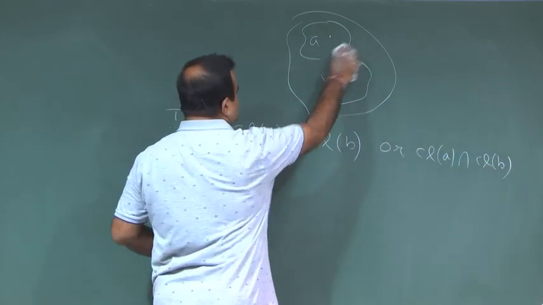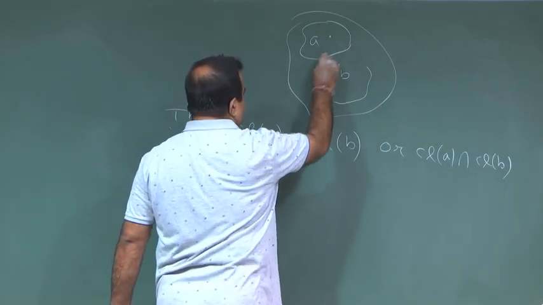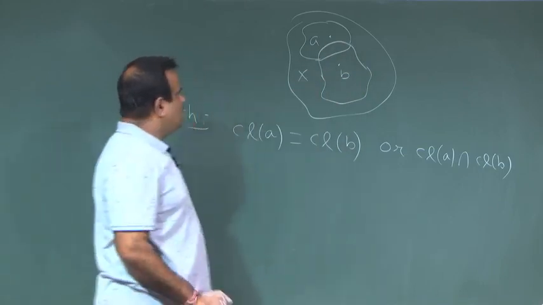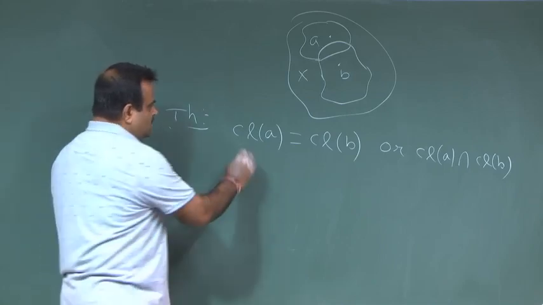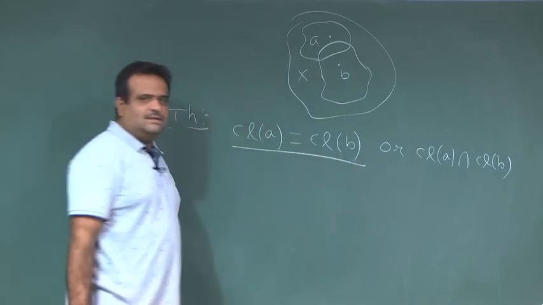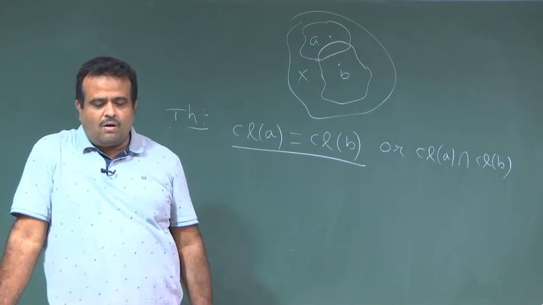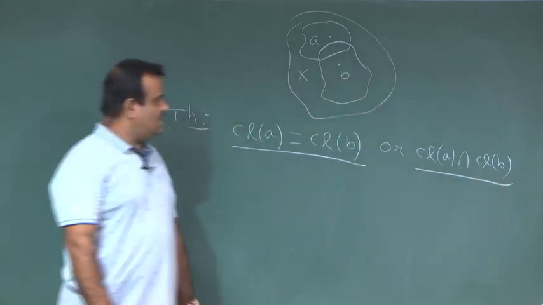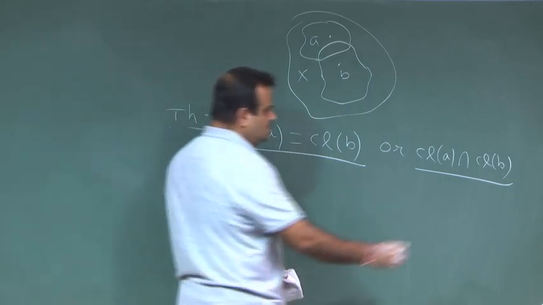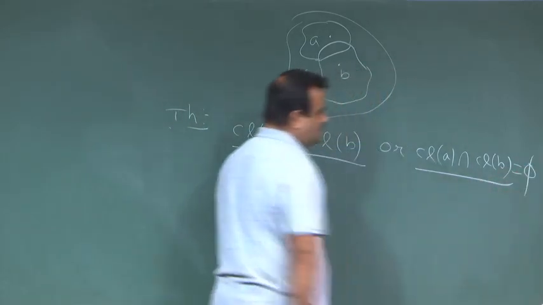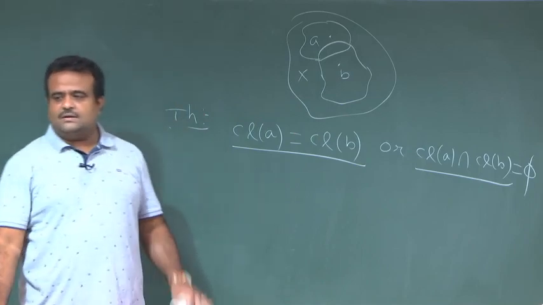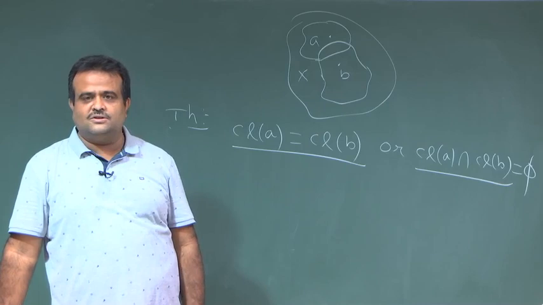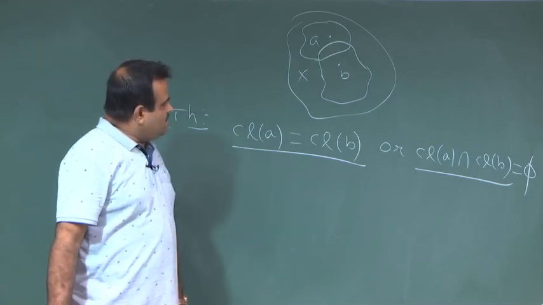So, this type of situation, where the two classes partially overlap, is not possible. Either these two classes are the same, or their intersection is the empty set.